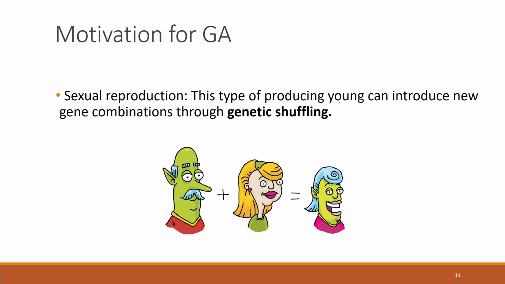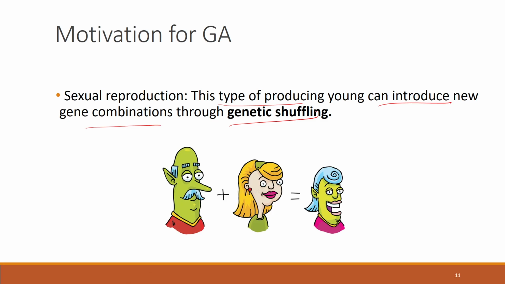And then the next important mechanism that results in genetic variations is sexual reproduction. This type of producing young can introduce new gene combinations through genetic shuffling. What we mean here is that, for example, if you look at any child, they have some characteristics which they get from their father, some they get from their mother.